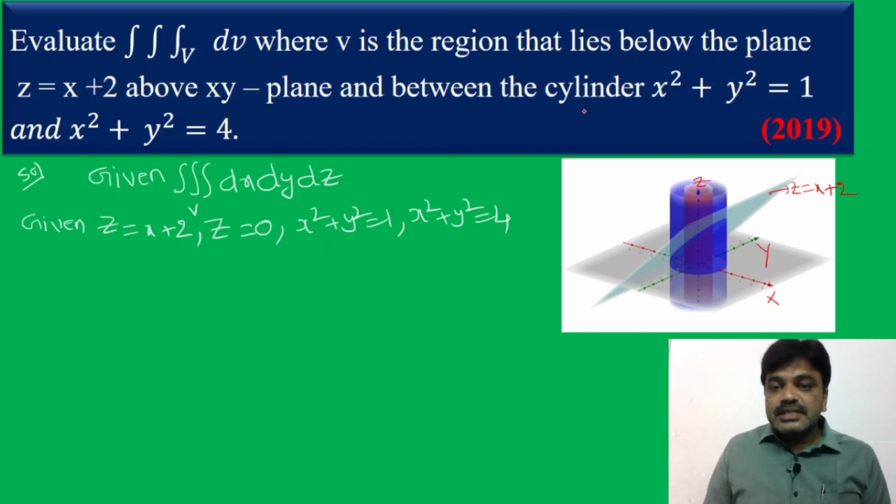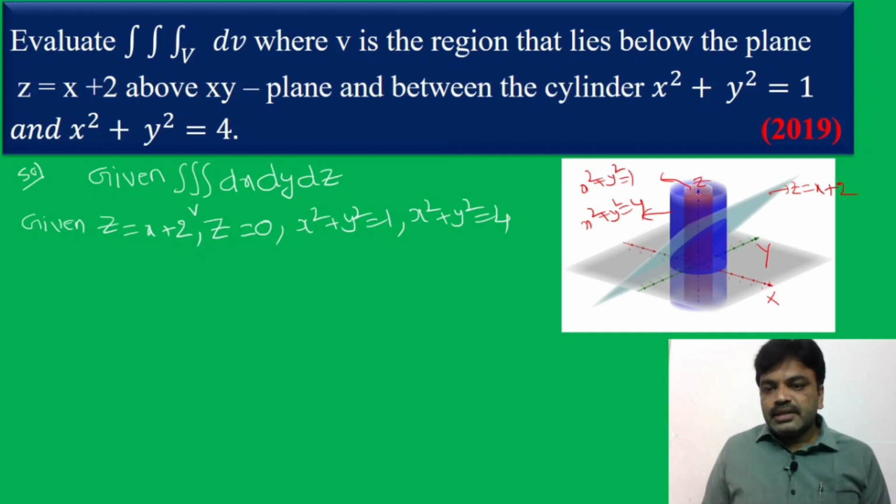It represents a cylinder. There are two cylinders. One is x squared plus y squared equals 1, and the second one is x squared plus y squared equals 4.